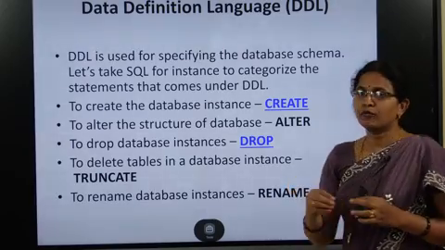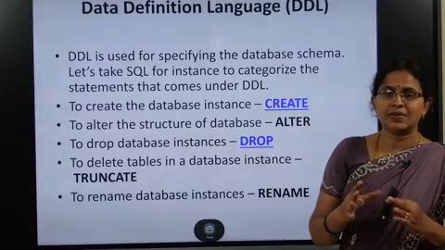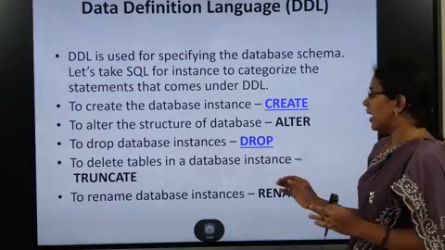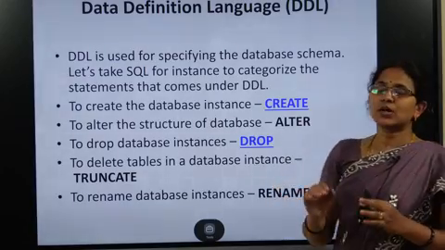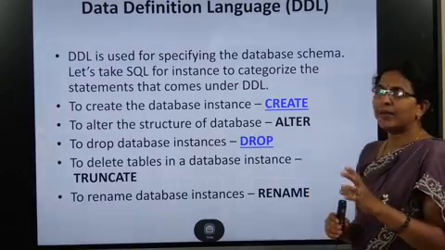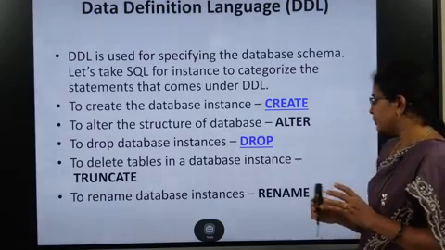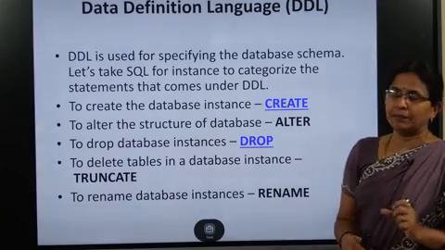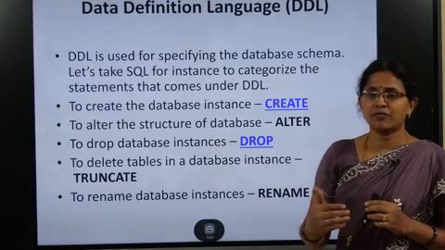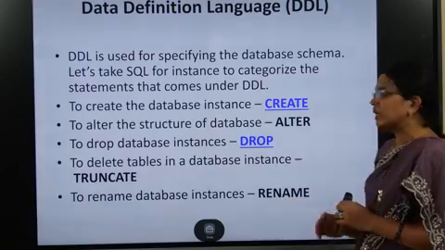Drop means if you want to ignore or keep aside any database instance, in such case we use the drop command. The next one is truncate. Truncate is nothing but deleting some tables or some data from a database instance, so in such case we use the truncate option. The last one is rename. If you want to change the name of a particular database instance or data folder, in such case we use the rename option.